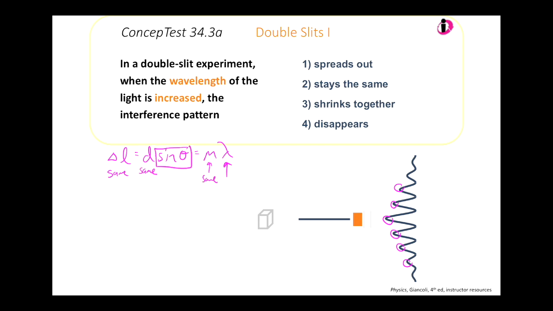It's this thing that defines what angle it is out to all of those individual bright regions. So if I want the relationships to stay the same, I need that whole thing to go up as well. Well, that's going to result in a spreading out of the pattern. It's going to be bigger angles out to each of those bright regions.